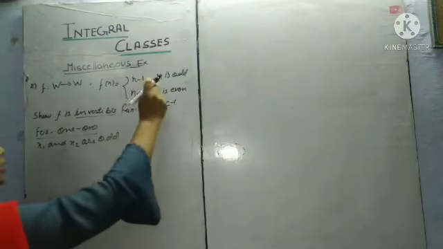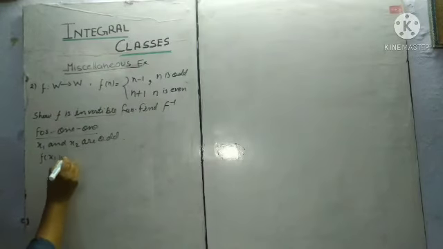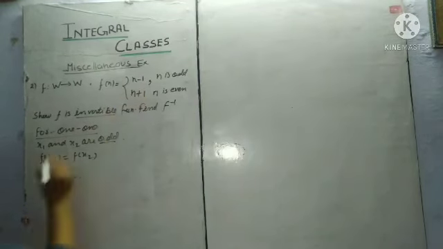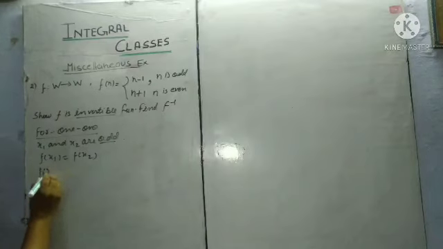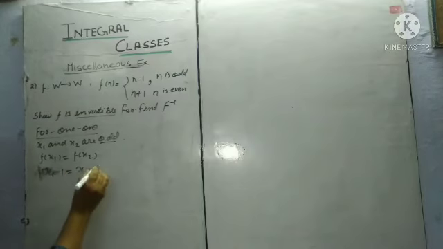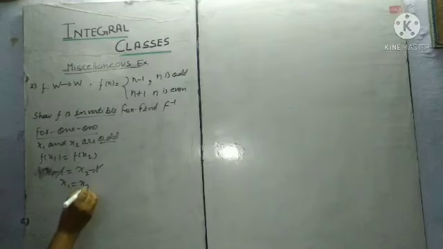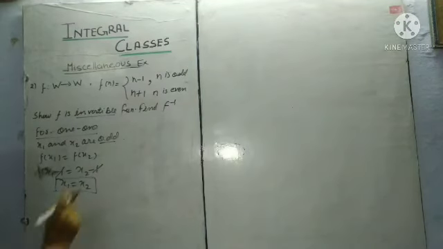So we will take f(x1) equals f(x2). For odd, n minus 1, so x1 minus 1 equals x2 minus 1. Minus 1 is cancelled, so we will get x1 equals x2. In this condition, it means the function is one-one.